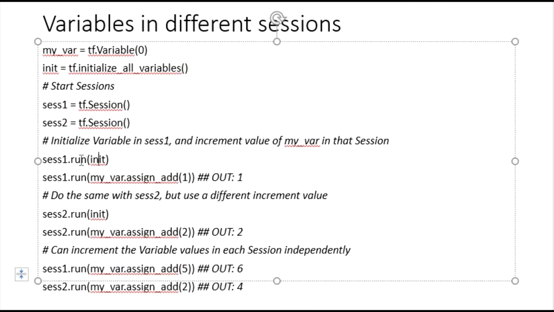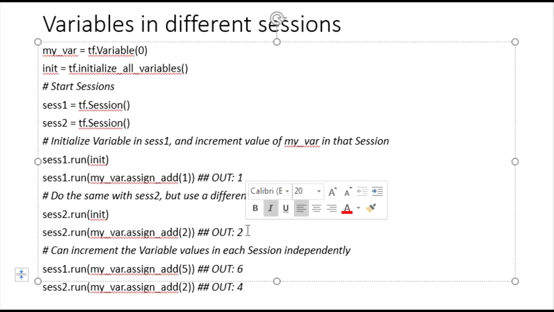So initialize every variable, and then you increment myvar by 1, so the output should be 1. If you do the same thing in session 2, it's actually using a different copy of myvar. So you're initializing it and then incrementing by 2, the output should be 2.